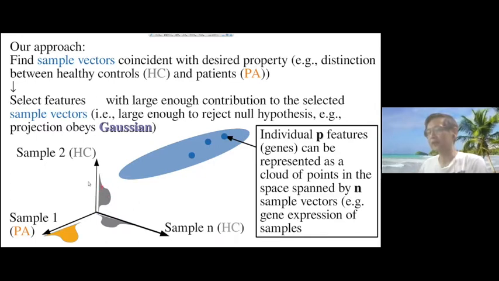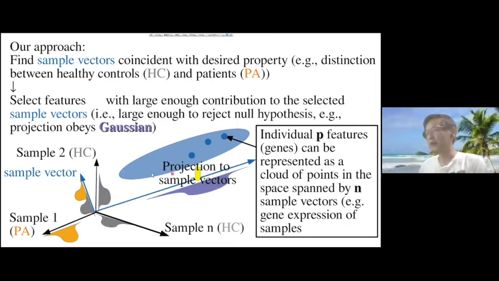This is the sample distribution for p genes. If we happen to have a sample vector whose distribution is distinct between healthy controls and patients, then we can project each feature onto it. This projection has some distribution, like a Gaussian, and assuming a Gaussian distribution, we can attribute p-values. Then outstanding features having larger contributions to this projection are selected.